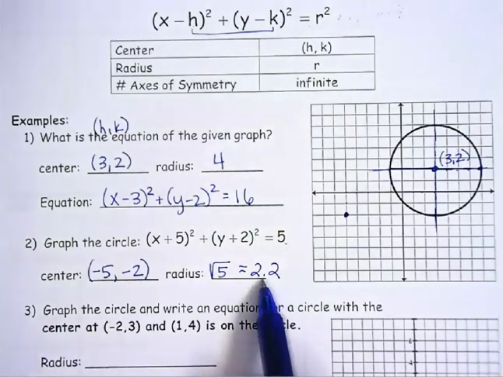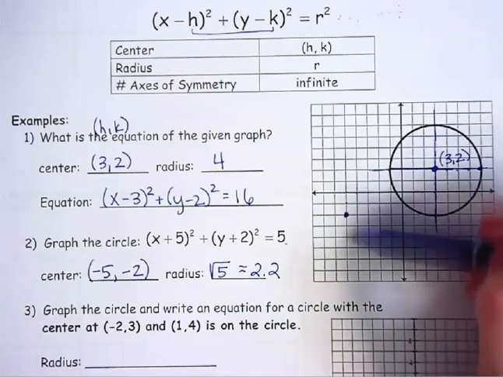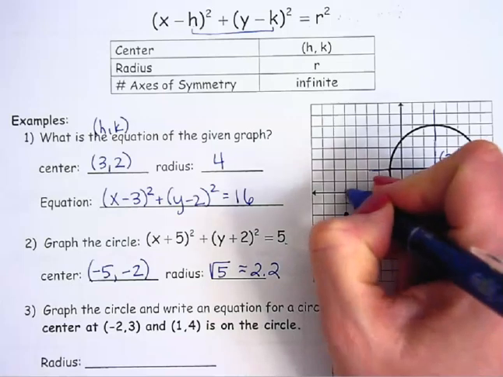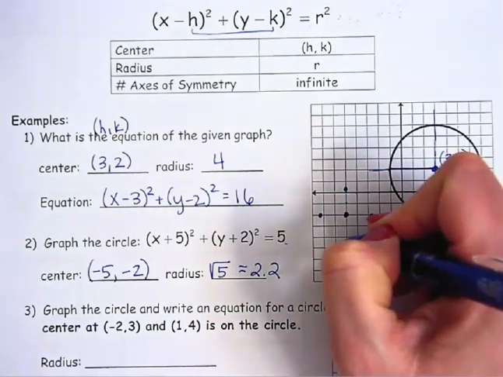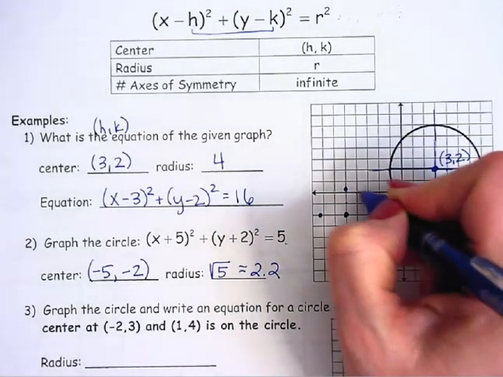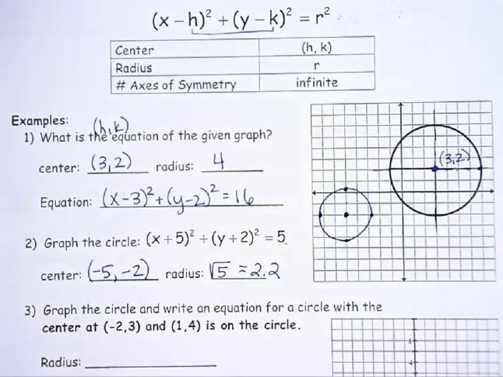And then I'm going to count 2.2 in both horizontal directions and both vertical directions. And I'm just estimating here. We're just sketching. And there is a circle-ish shape.